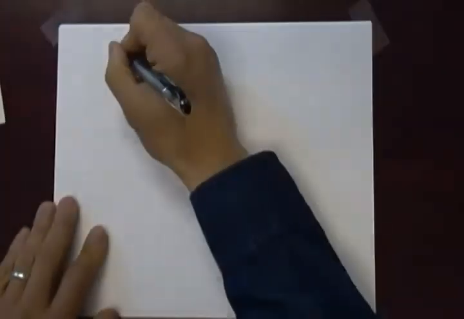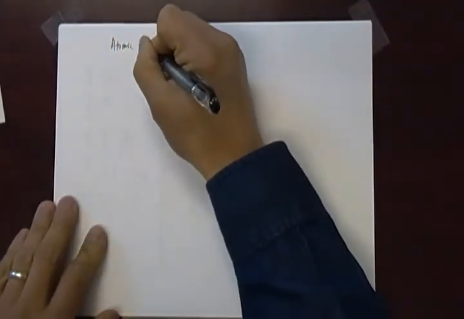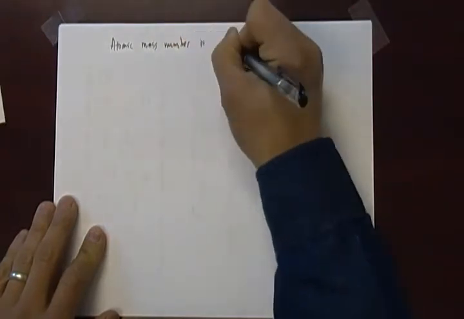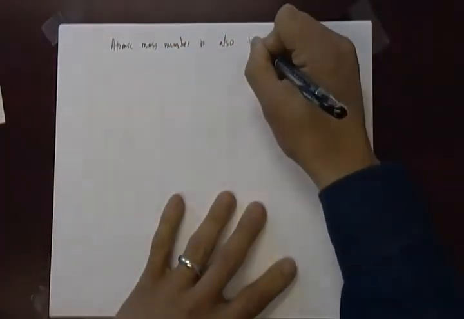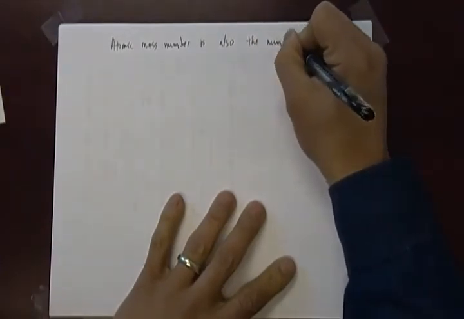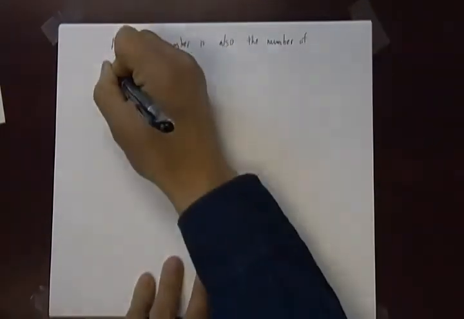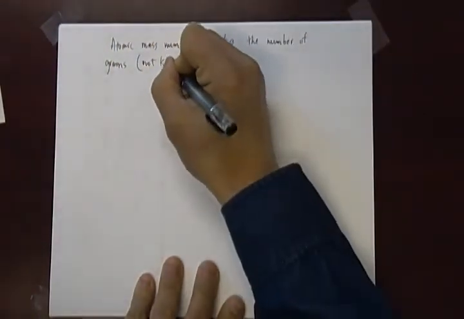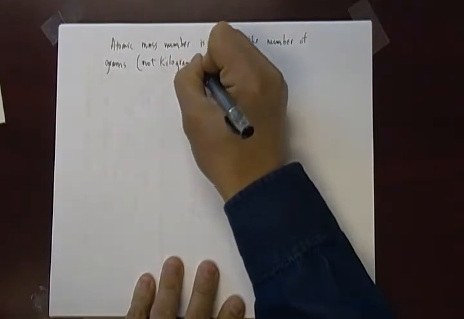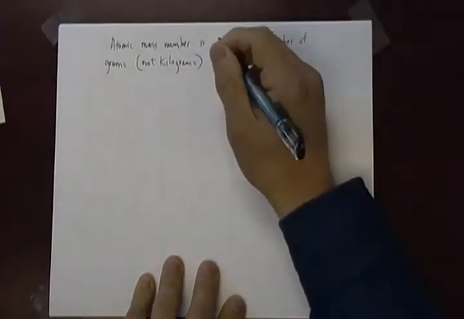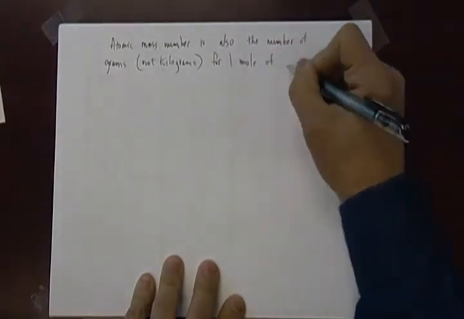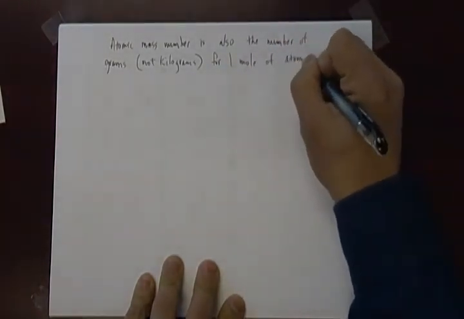Okay? So this atomic mass number is also the number of grams, and I should note, not kilograms, because that's kind of an easy mistake to make. The number of grams for 1 mole of atoms.